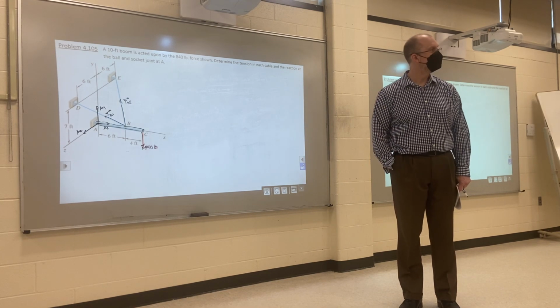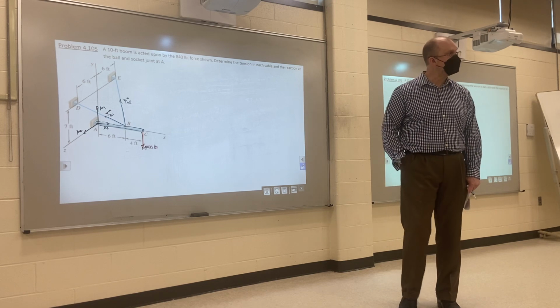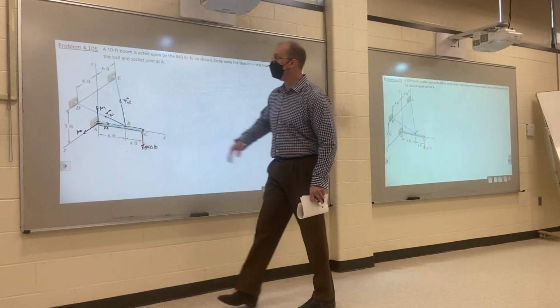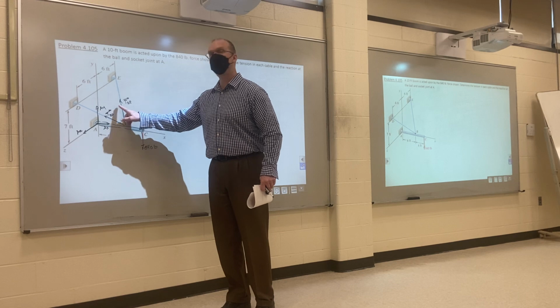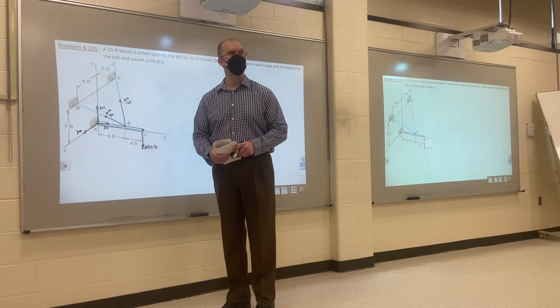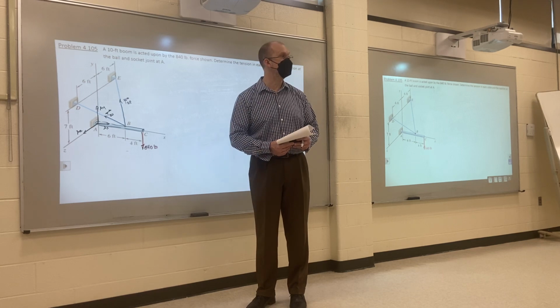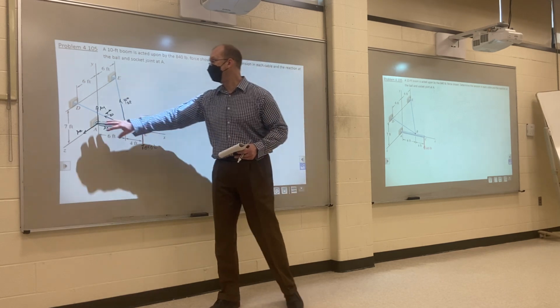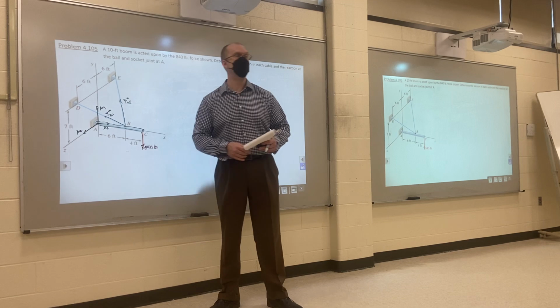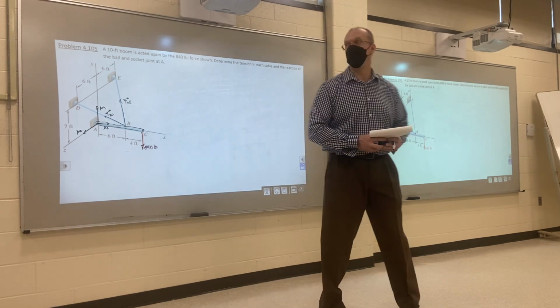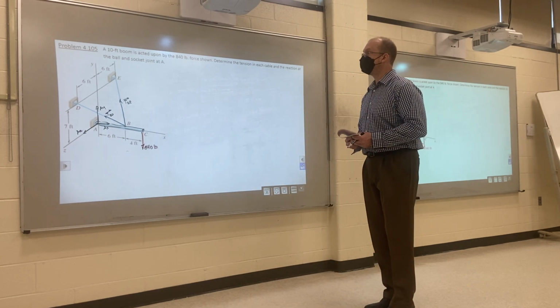Unit vector? Yes, exactly. Apply the unit vector concept, because we need to take these forces and reduce them to their rectangular components. Then I could sum a moment somewhere, and A is definitely the spot, to eliminate this, so we can reduce it just to TBD and TBE, and their moments with respect to that.